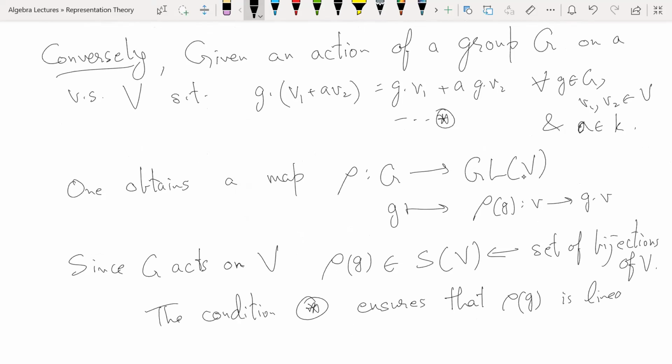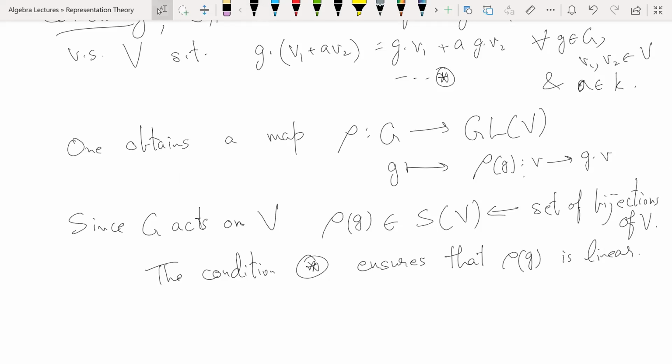Yeah, so that's the definition of a linear map. A map from V to itself is linear if this happens. And hence rho G actually is in GLV.